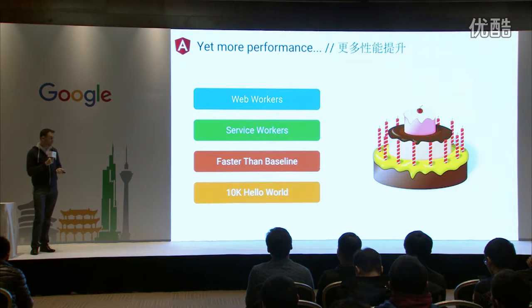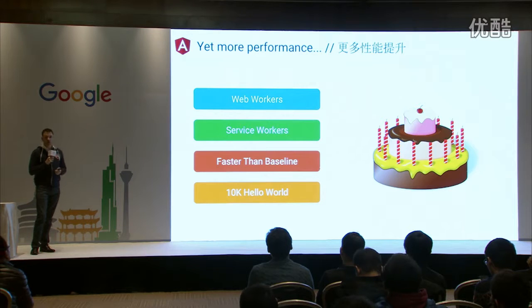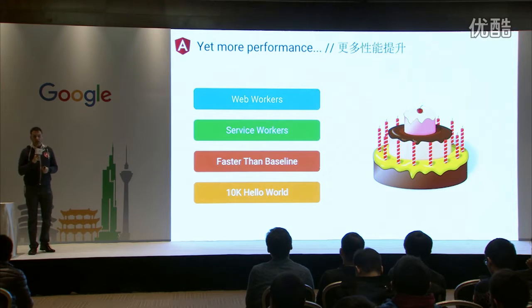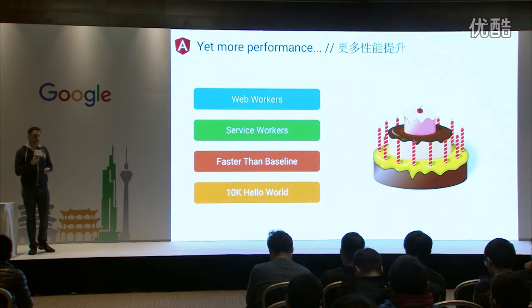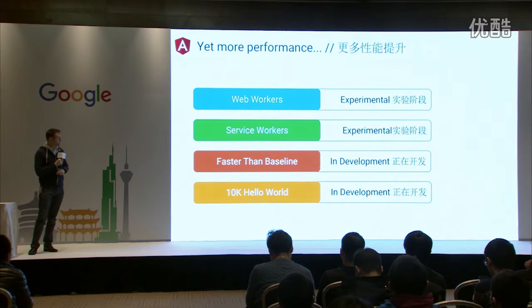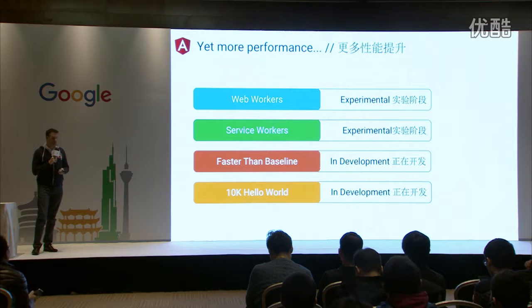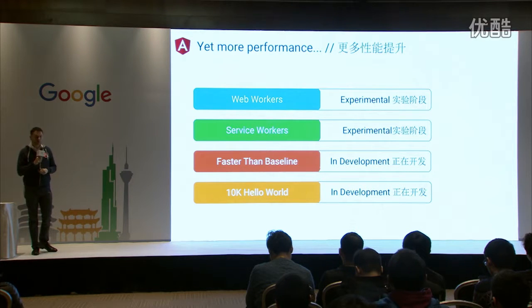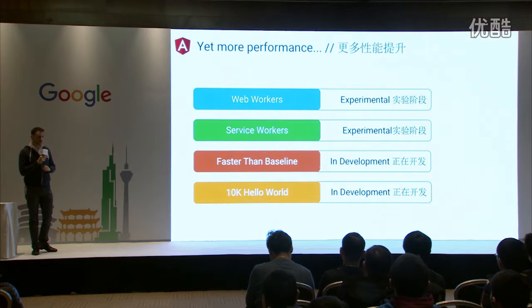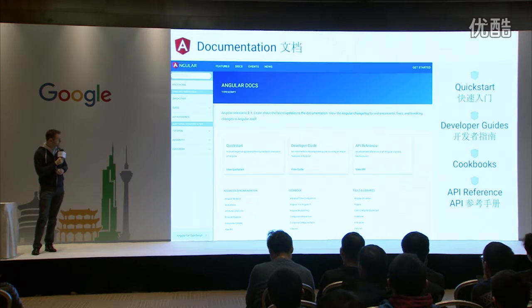We're working to get faster than that baseline that we mentioned, and we're also working to get the bundle size down to about 10K. Our director says that if we get to about 10K, he will bake us a cake. So we're very motivated. Currently, web workers and service workers are available, but we call them experimental. And we're still working to get faster than that hand-optimized JavaScript and that 10 KB Hello World.